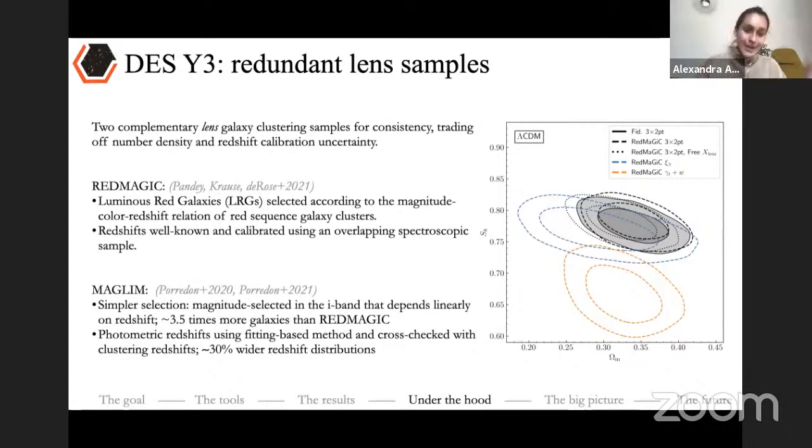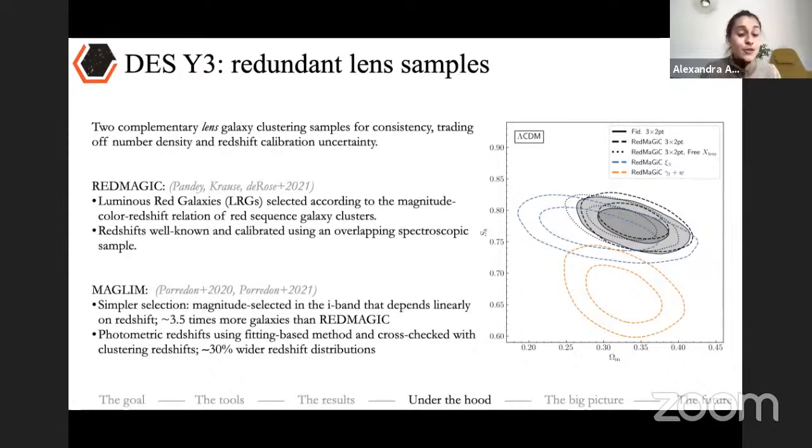And you trade off, as I said, the amount of lenses that you get with the photometric redshift error. So you get 3.5 times more galaxies in the magnitude limited sample, but they have 30% wider uncertainties on their redshift, and it's a trade-off. I think this is one of the most powerful parts of our analysis, that we had 2 lens samples, and that turned out to be especially true. But it was also the puzzling aspect of our analysis for a long time.